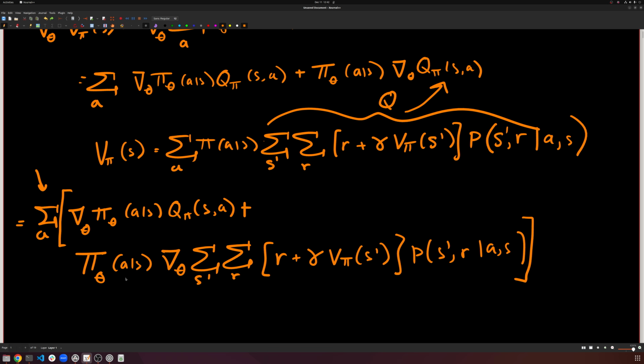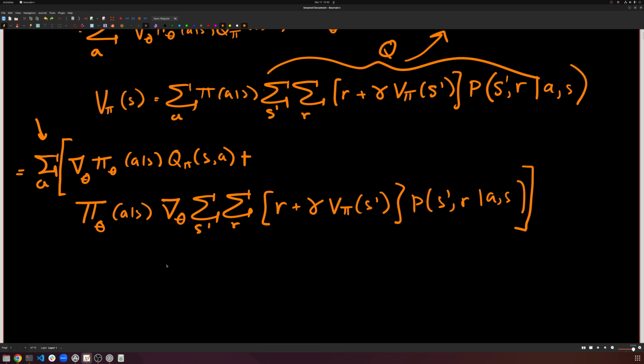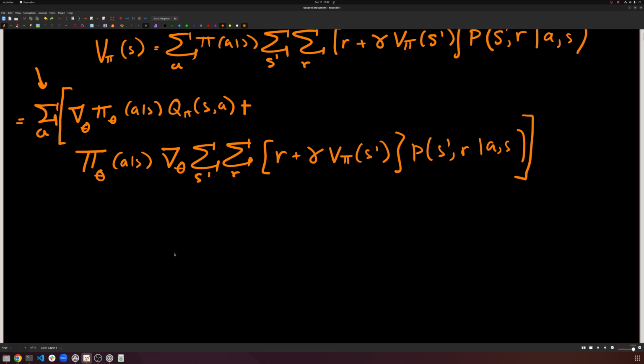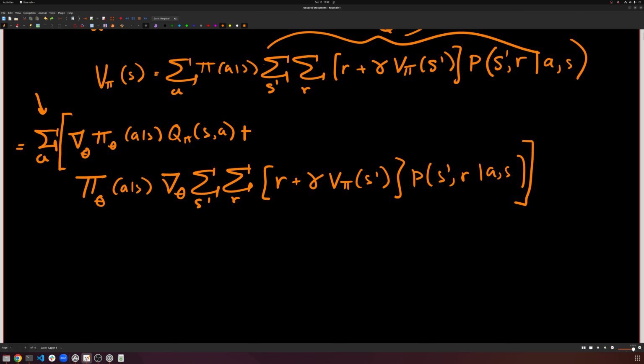But I won't write that over and over again, to keep it simple. So there we go, that is our first main step. We just plugged in our form for the Q value function, and now that we have that, we can evaluate the derivative.